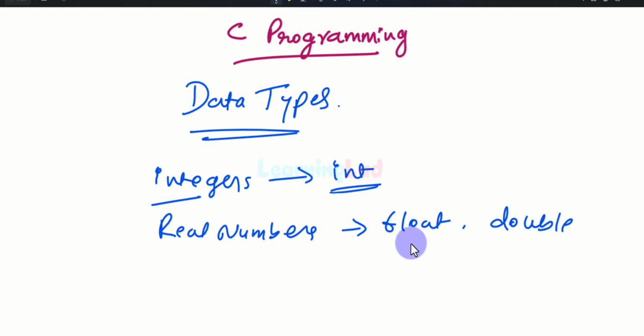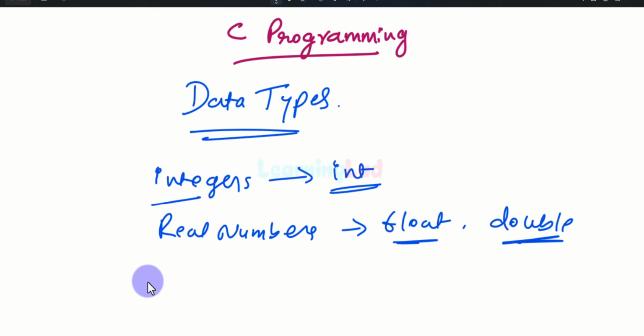The float data type is generally used to represent numbers with 6 to 7 decimal places, and the double data type is used to represent numbers with a maximum of 15 decimal places. This double provides double precision.